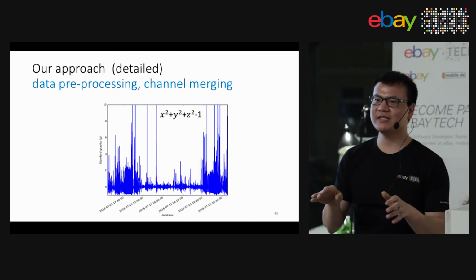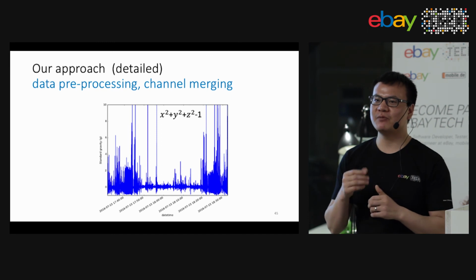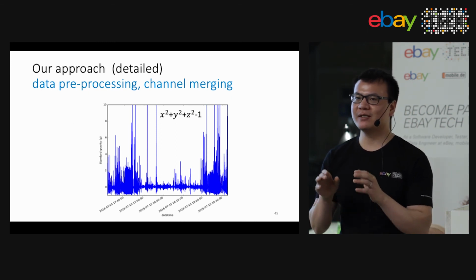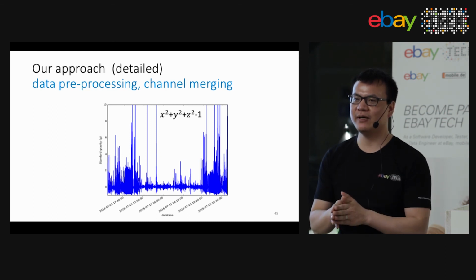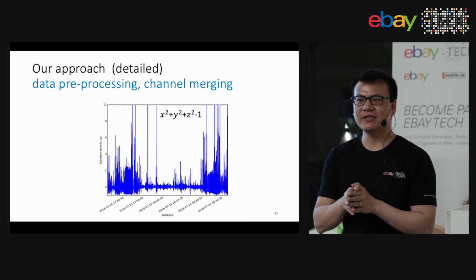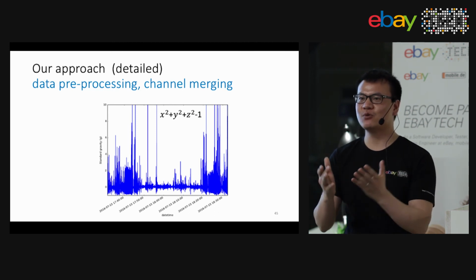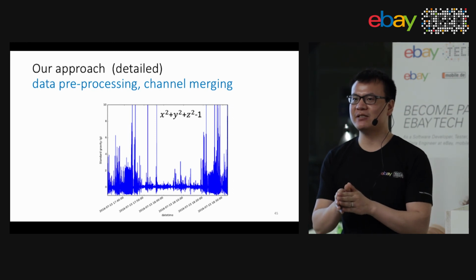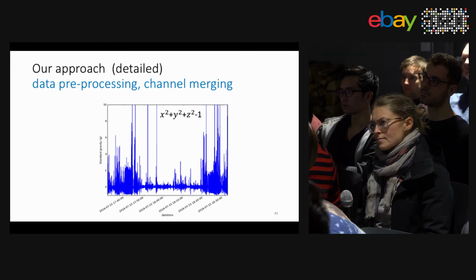If we want to remove it, we should have a good knowledge of how those noises look and what their frequency range is. But at the time we did this research, we did not know this. So we simply accept very raw data as input and apply deep learning to do this kind of data cleaning for us.